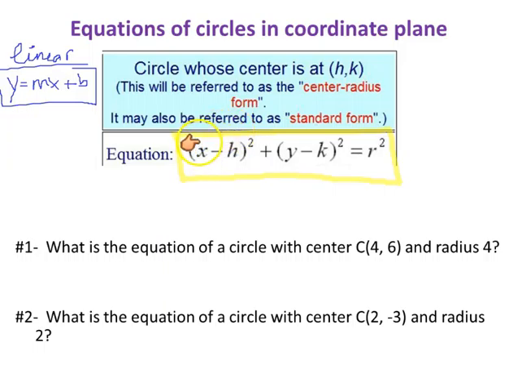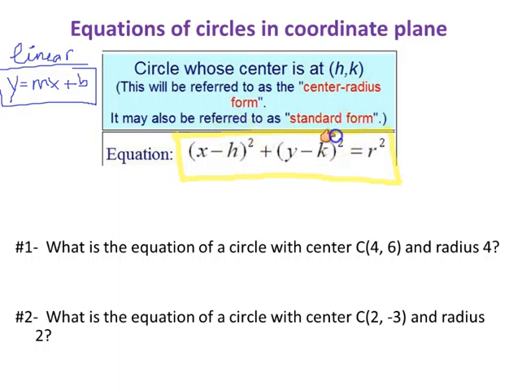The equation for circles is (x minus h) squared plus (y minus k) squared equals r squared. Now let's talk about the different variables we're seeing in this equation. x and y are just going to represent our x and y coordinates, just like we're used to seeing. h and k is a little different, isn't it, new?